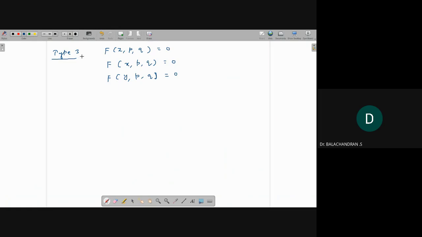Now we know what p is. p means dou z by dou x, and q is equal to dou z by dou y.